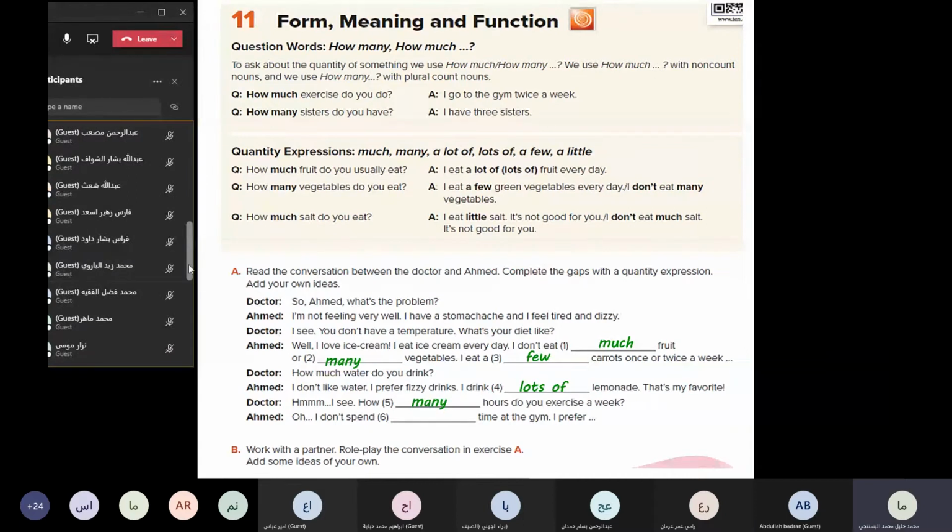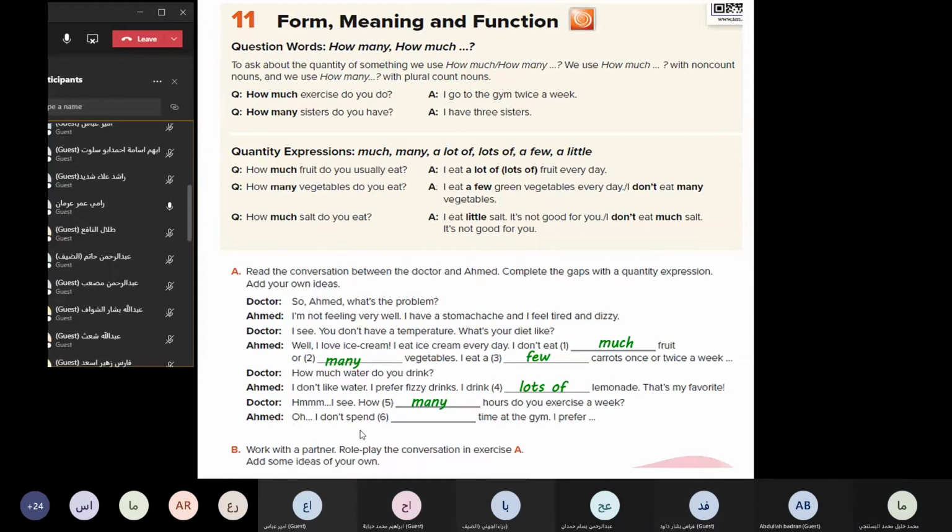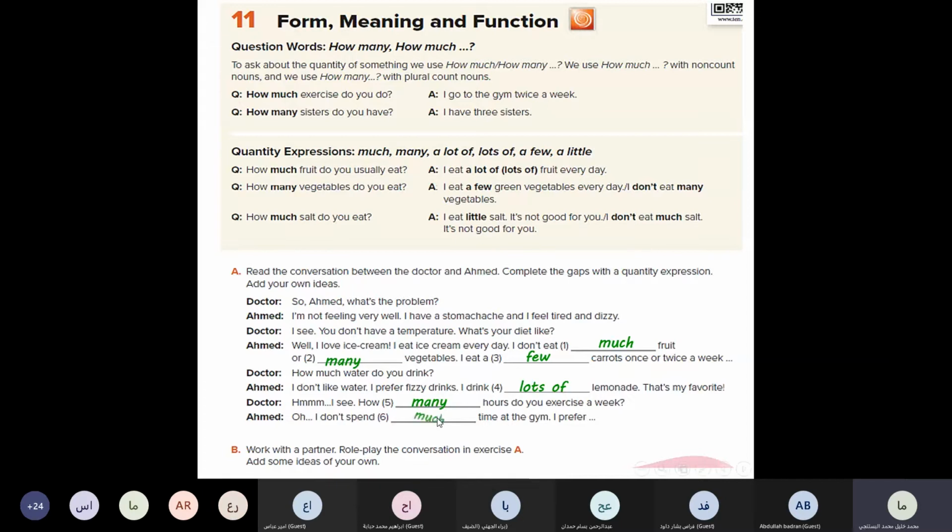Okay, Rami. I don't spend much time. Good. The sentence is negative, and here time is an uncountable noun. Write them quickly.